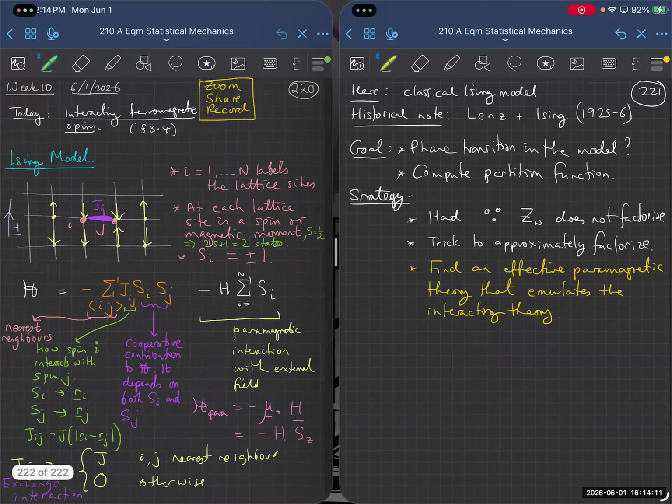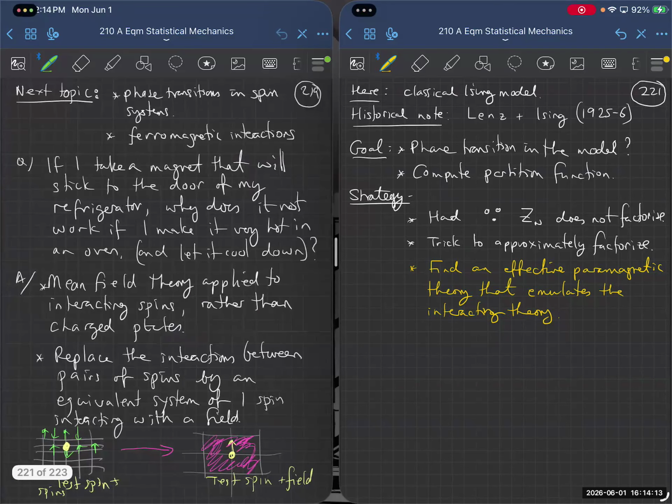And the idea behind that is what we talked about at the end of last lecture. If you look on the left-hand panel, at the bottom there, we have our interacting system. And the trick is we're going to see, can we replace this whole interacting problem with multiple spins by one spin interacting with an effective field.